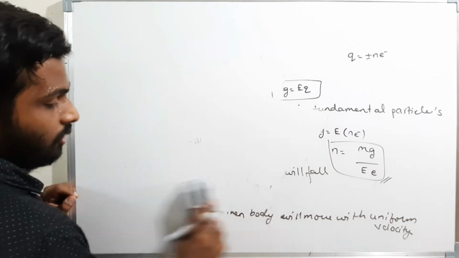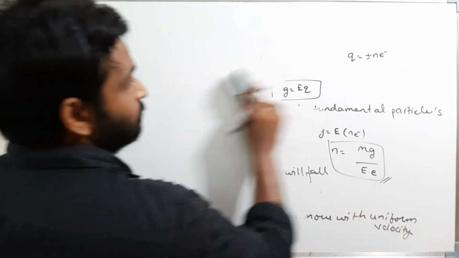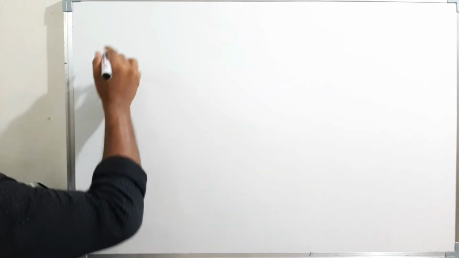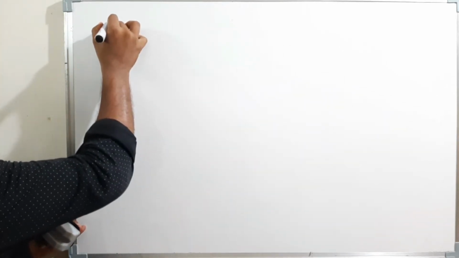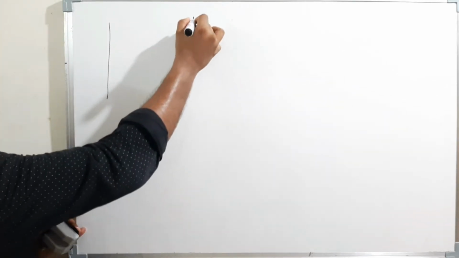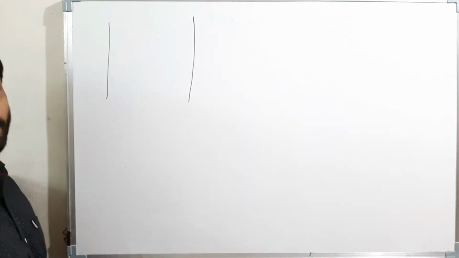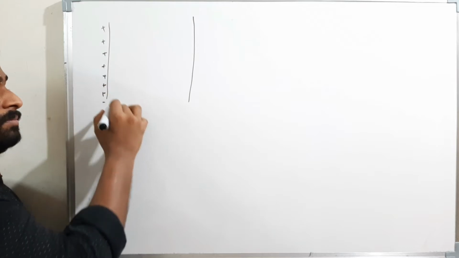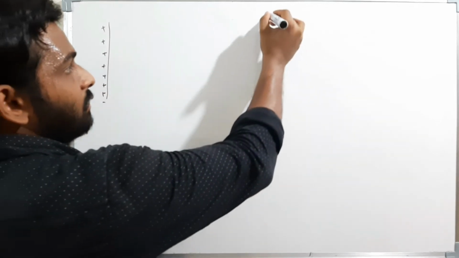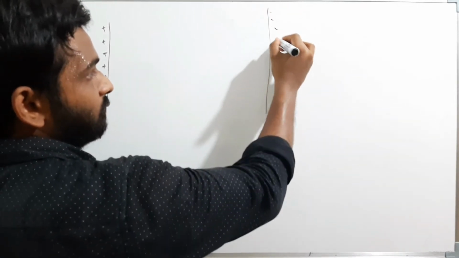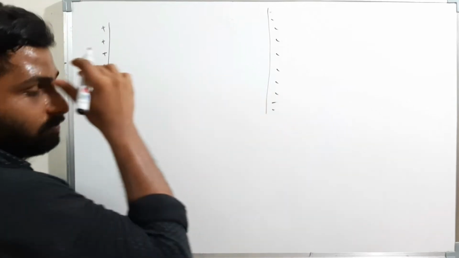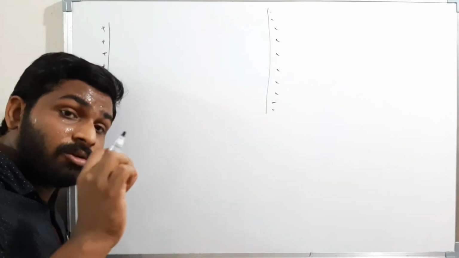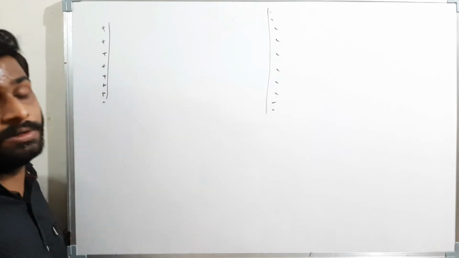Okay, now we will go to the actual topic. Now see here. This is a positive charged plate and this is a negative charged plate. Between two parallel plates, there will always be a uniform electric field.